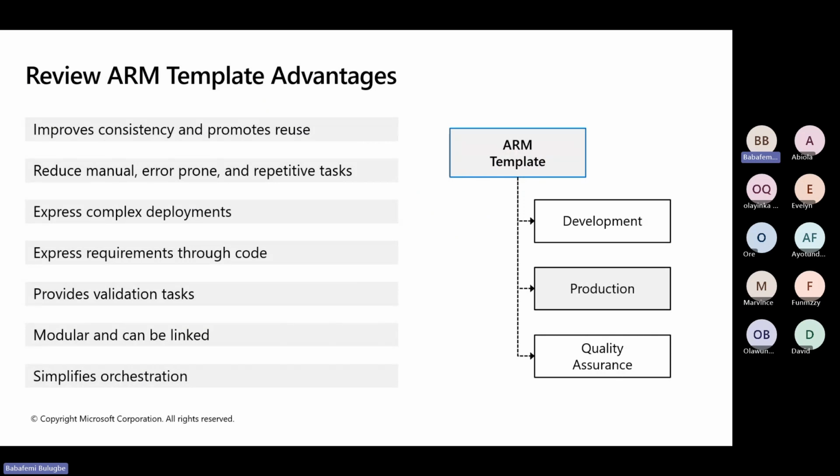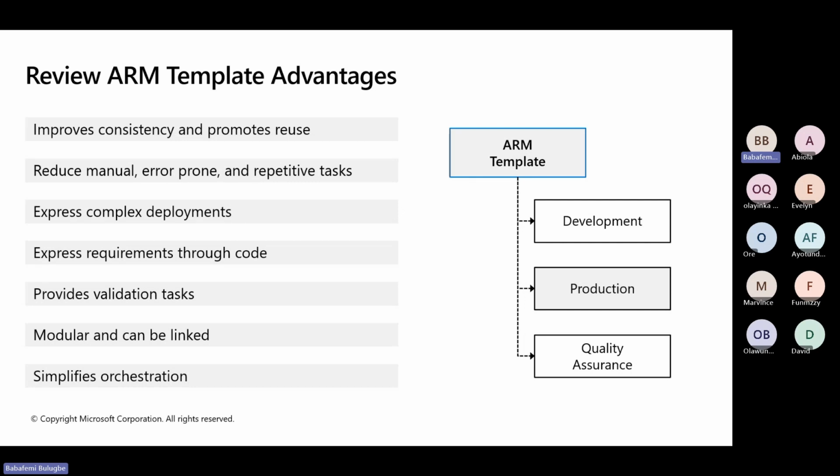When it comes to consistency, that's one of the things you get when using ARM template, or when deploying your infrastructure as code. And it promotes what we call reusability. You are able to reuse that same code to create that same resource at any point in time.